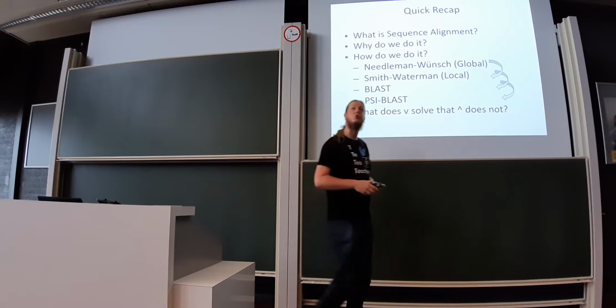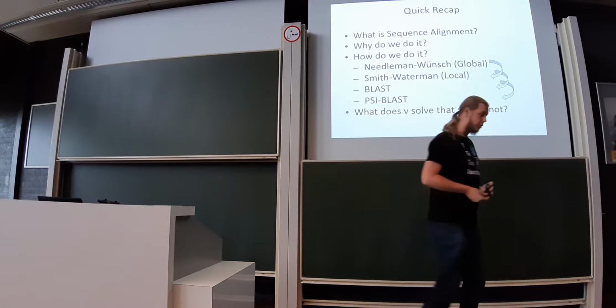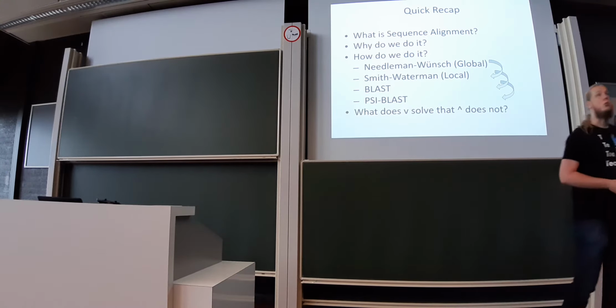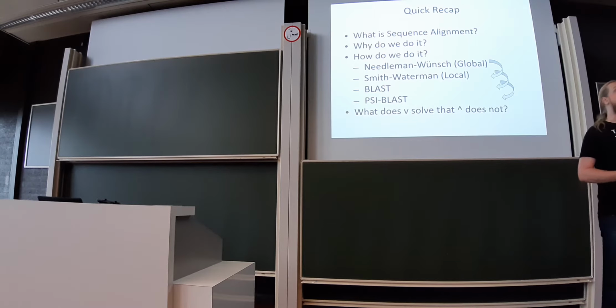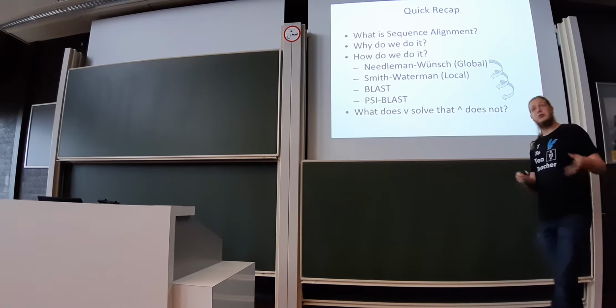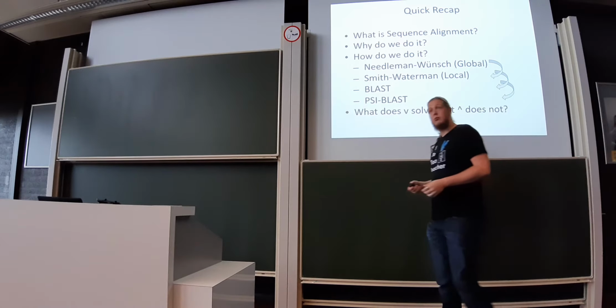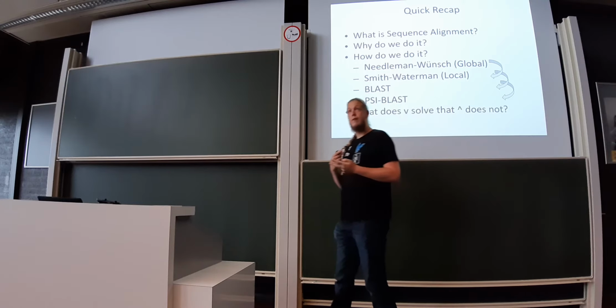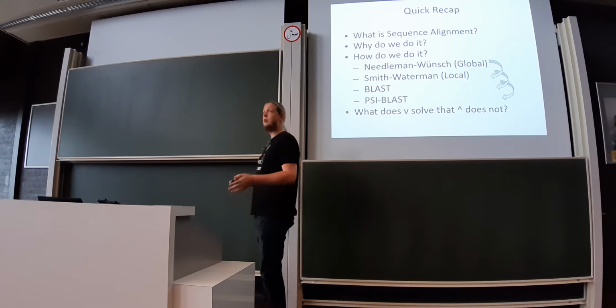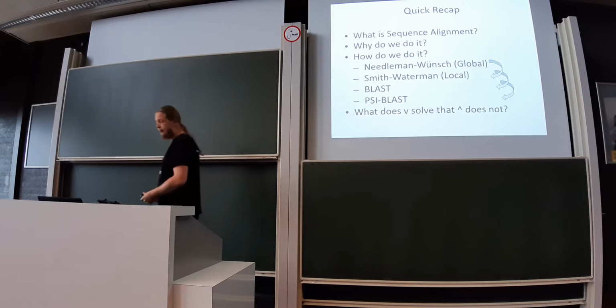And this is related to homology, indeed. So what does it mean if two sequences are homologous? They are evolutionarily related, and in turn this means that if we know something about the one sequence, we can infer some of that knowledge about the second sequence, right?